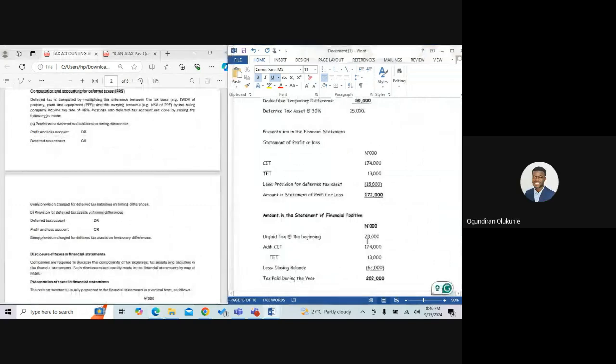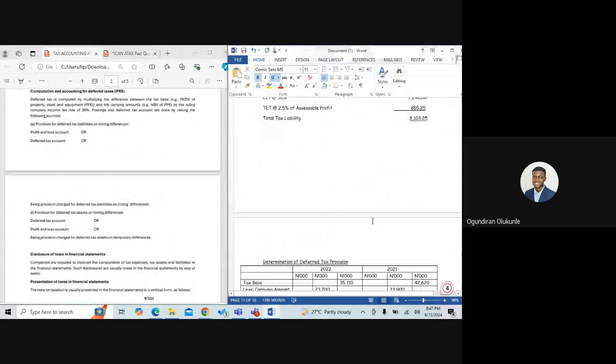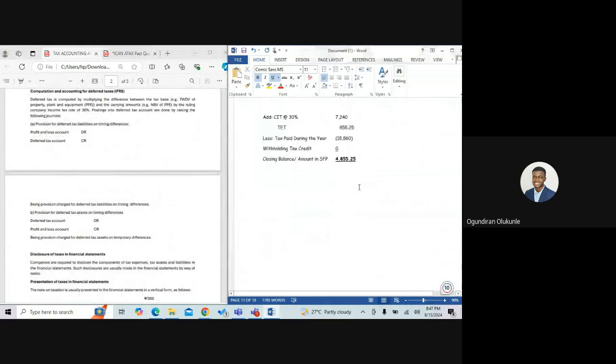The next thing we want to discuss now is the accounting aspect. We've discussed the reporting aspect, so now the accounting for taxes.